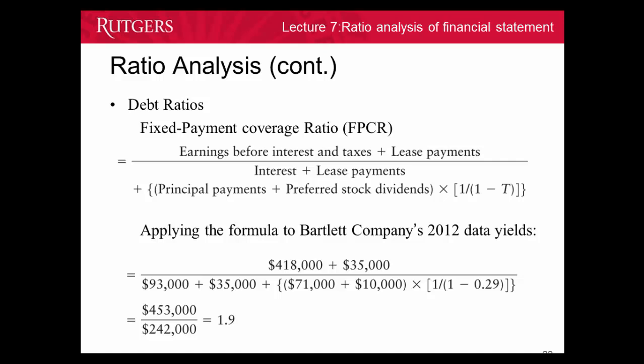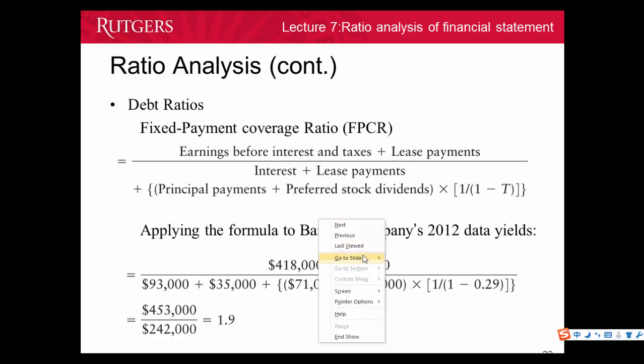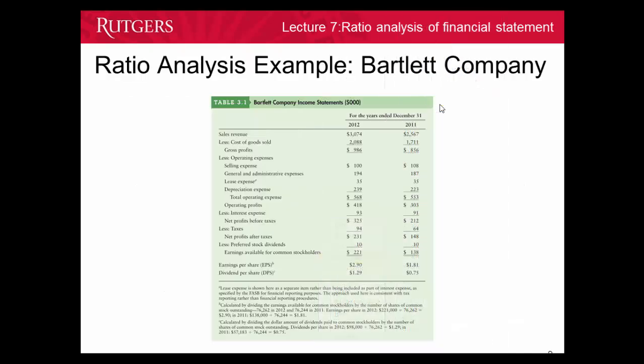Now let's find these values one by one. Again, we go to the income statement. The first thing we are looking for is the tax rate. Although we don't have this measure directly, we can see the tax and we can also see the net profits before taxes. So we can simply use 19.4 and divide it by 325 to obtain the tax rate, and it's 0.29.